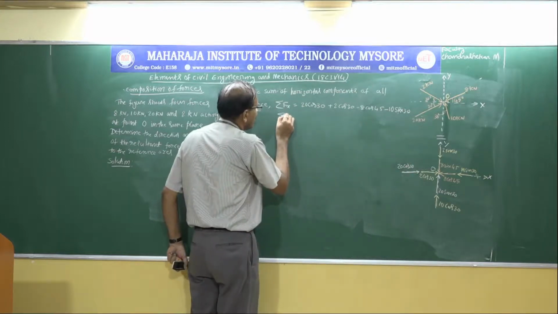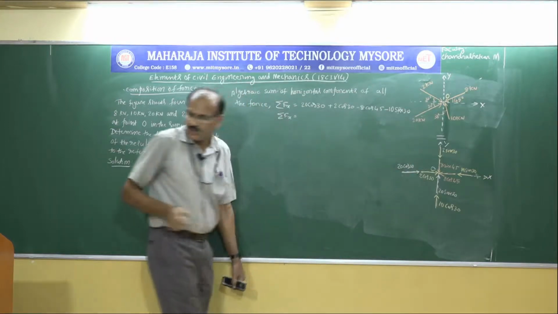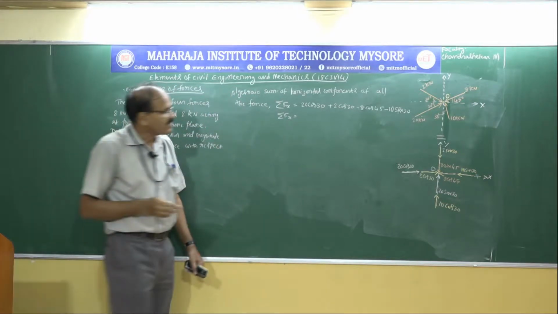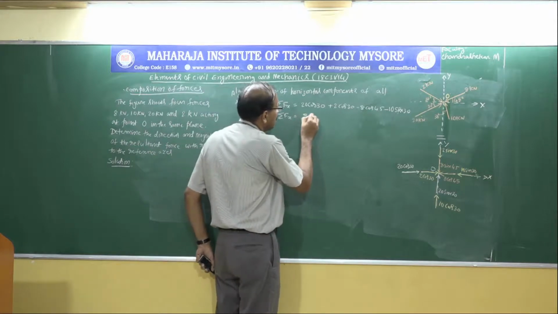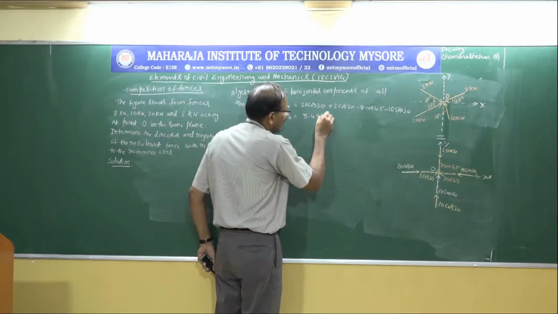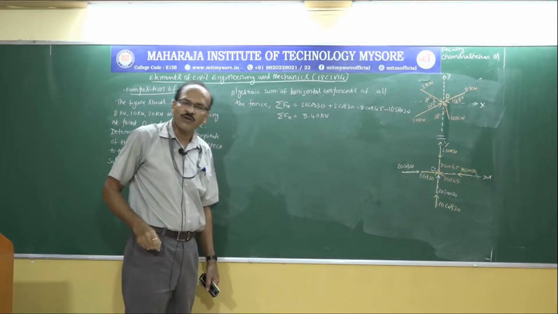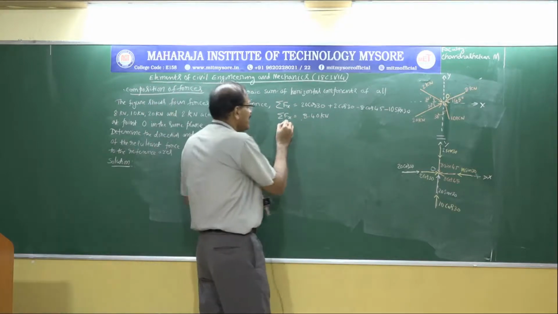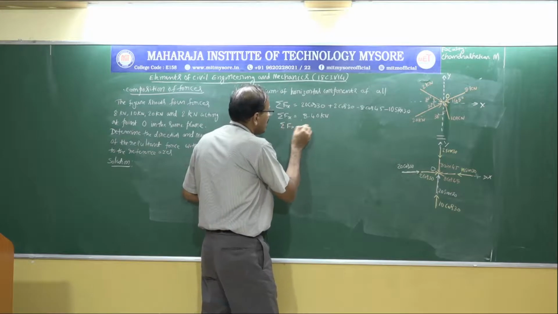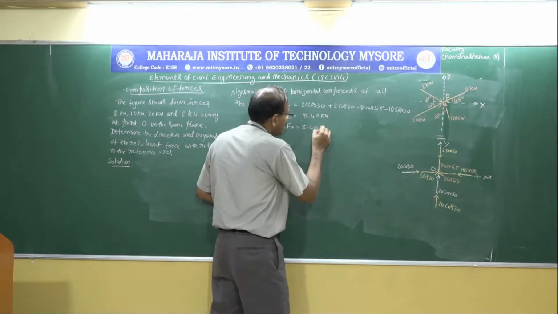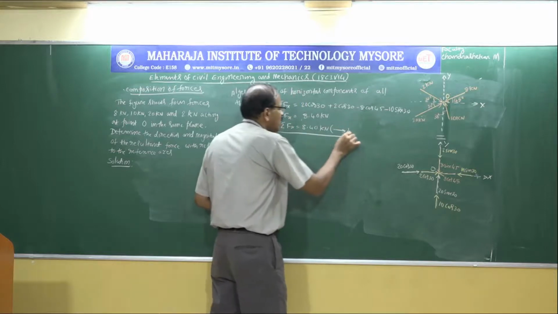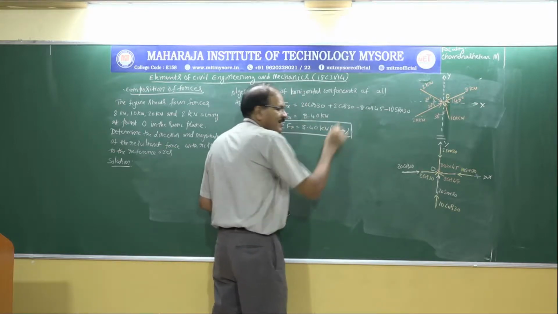So if you calculate sigma Fx, the answer is plus 8.4 kilonewton. So sigma Fx equal to 8.40 kilonewton, and the arrow should be acting towards right.